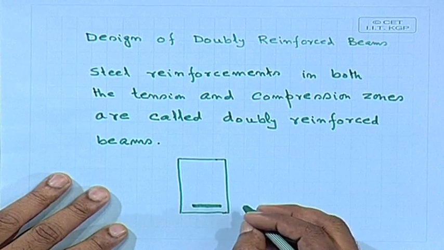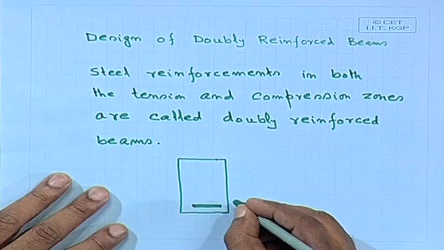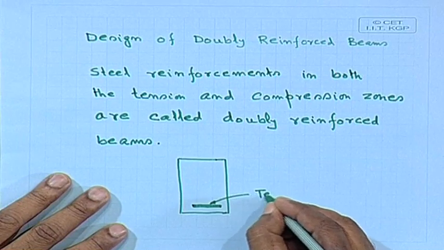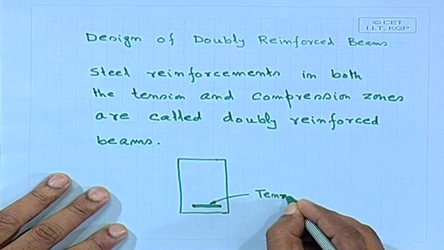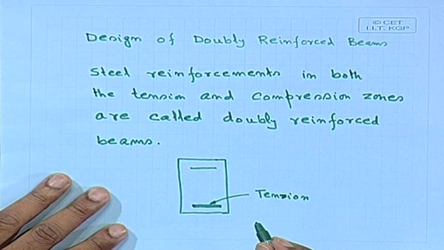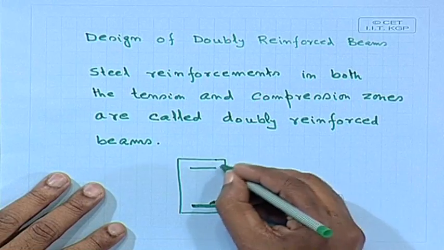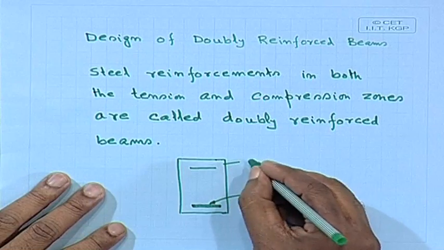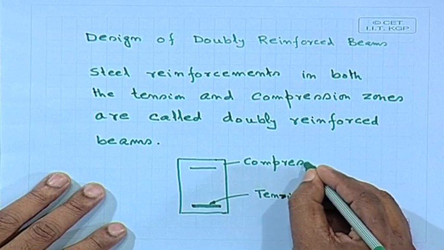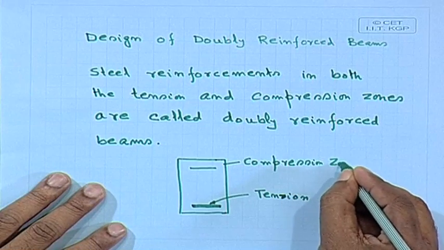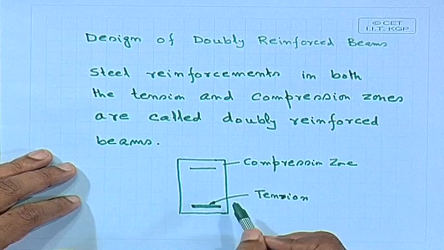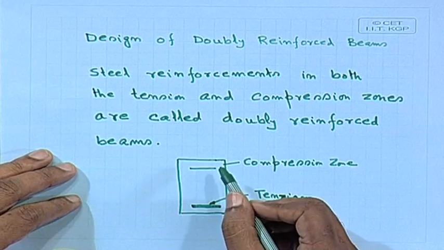If we consider in a normal general case the bottom portion as tension and the top portion, which is nothing but the compression zone, we are now providing steel in the tension zone as well as in the compression zone.